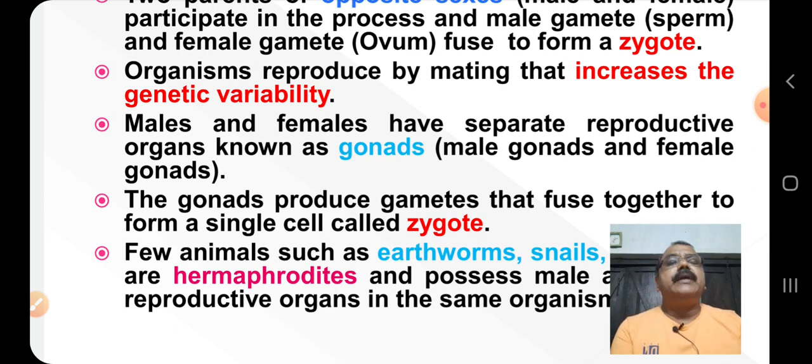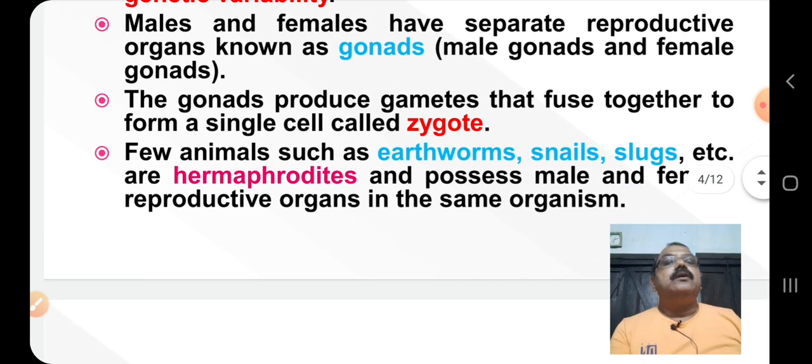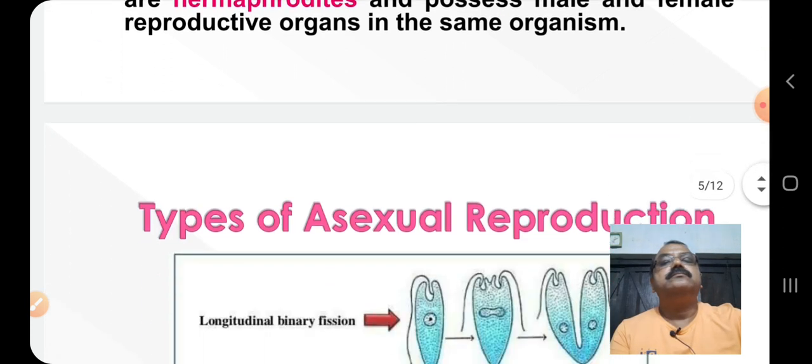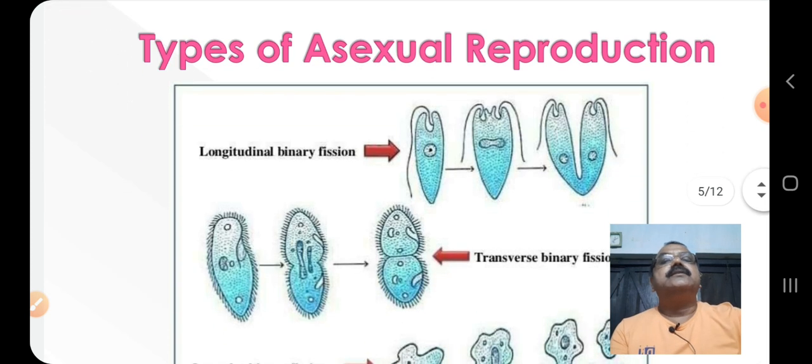But there are some animals like earthworms, snails and slugs who possess both male and female reproductive organs. They are known as hermaphrodites. Let us go to the asexual reproduction in detail.